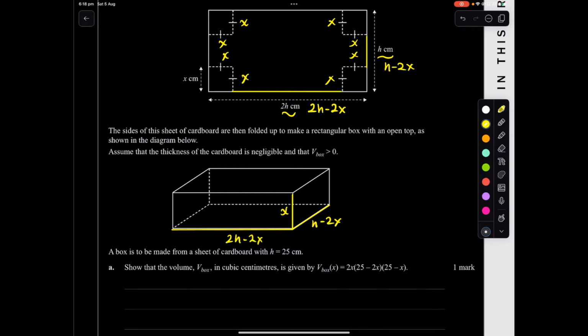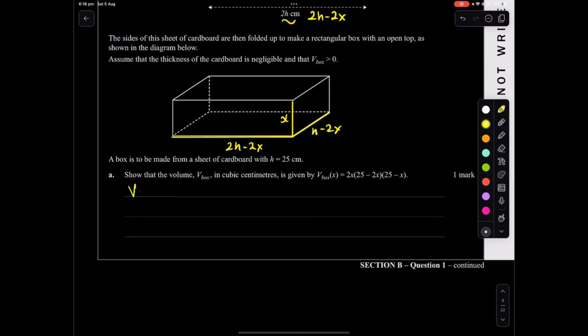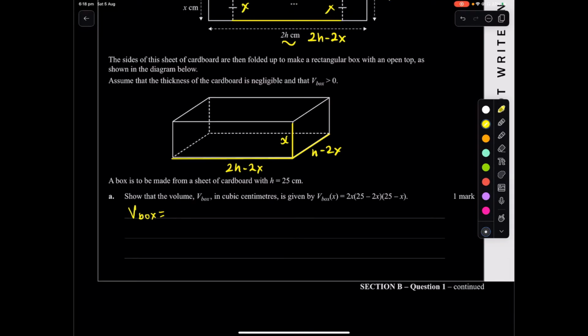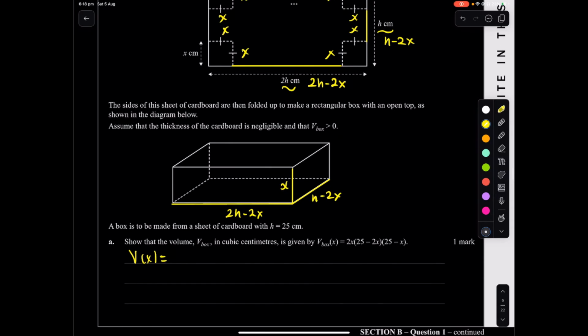So the volume of the box, V of x, is equal to x times (2h minus 2x) times (h minus 2x).